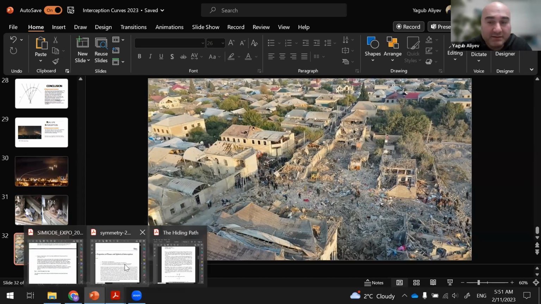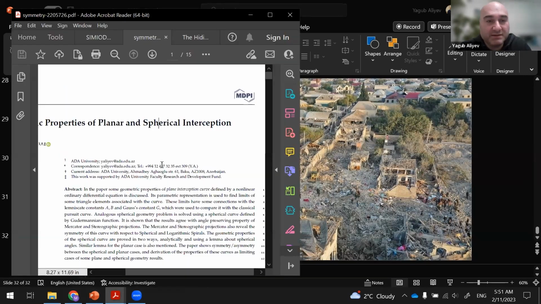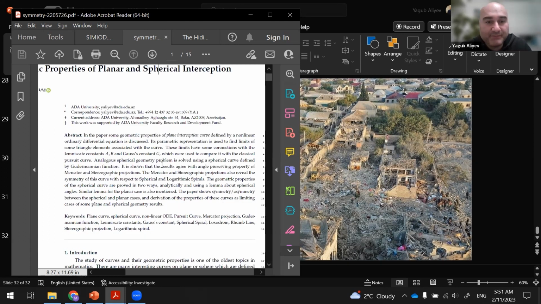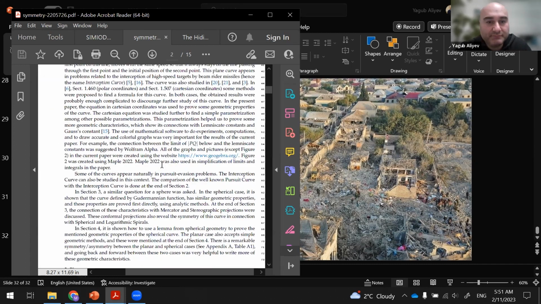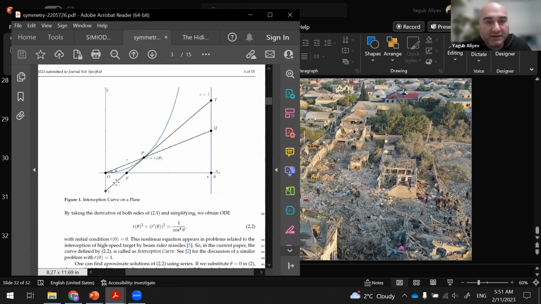I recently completed this paper of mine, submitted to the journal Symmetry, and it was accepted. I found some parametric representations for this curve, which is shown here in blue. This curve enjoys some interesting geometric properties which were not noticed before.